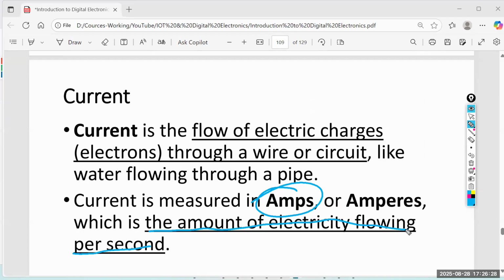So the higher the ampere rate, the higher the number of charges flowing. Usually the higher the voltage, the higher the ampere. So that means I is proportional to voltage. Higher the voltage, higher the current flow of electricity.